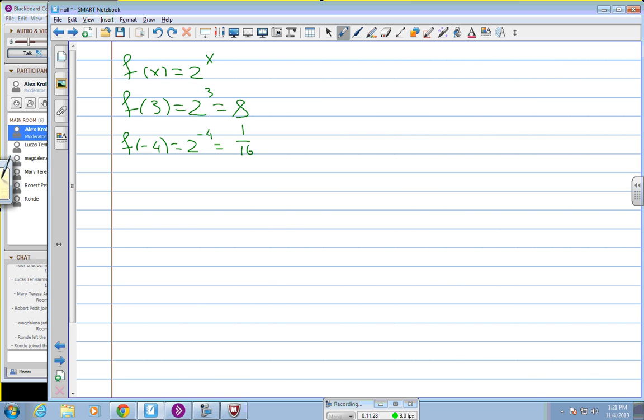So the inverse function should do the opposite. The inverse function would be log base 2 of x, right? With the exponential function, you give a power and you get an output. With the inverse function, you feed in the output and you get the power back.